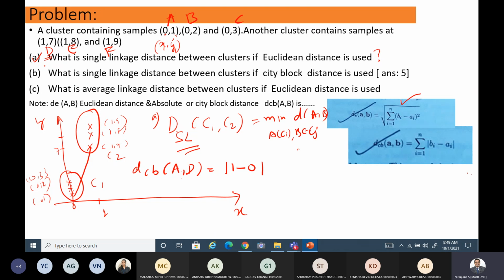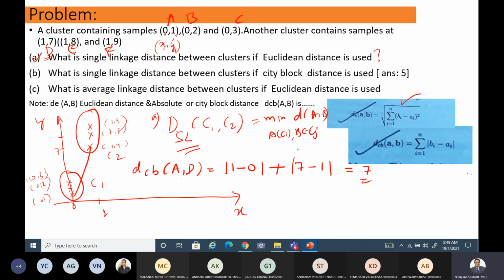In that case, you need to take the absolute difference of x4 minus x1, and add the absolute difference of y4 minus y1. So 1 minus 0, absolute difference, you add it with 7 minus 1. How much is it? 7, right?